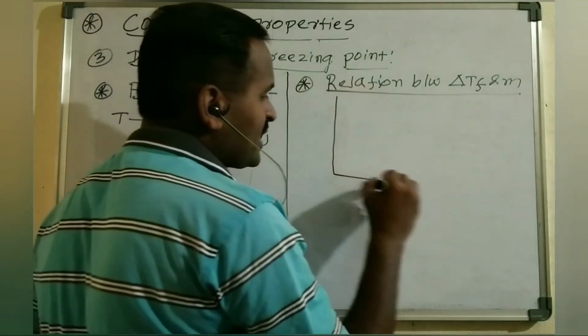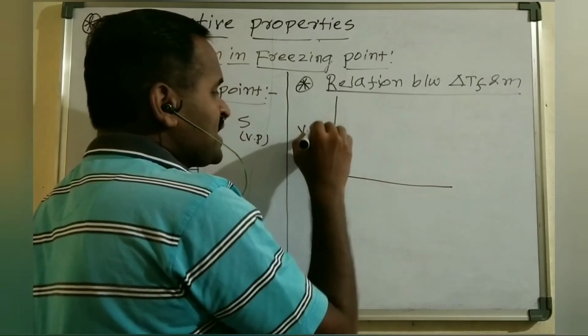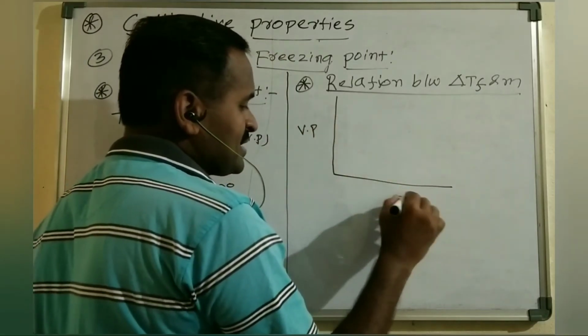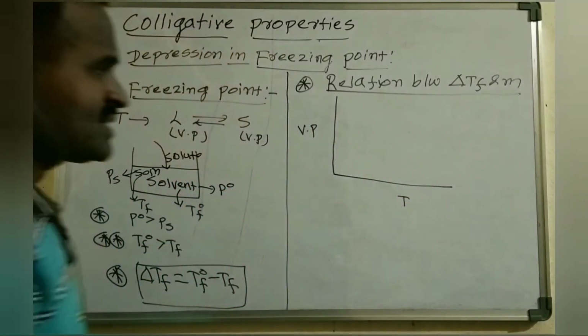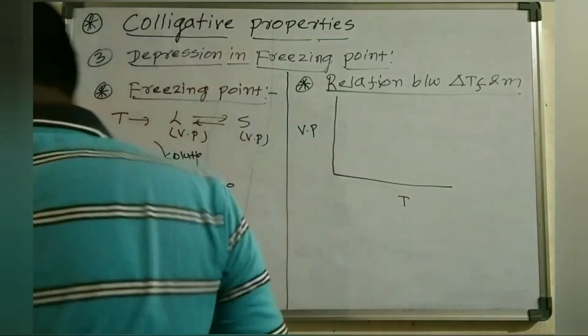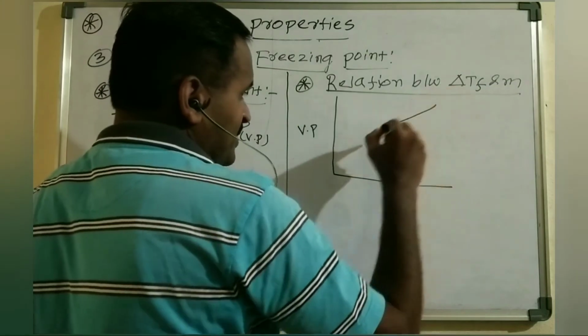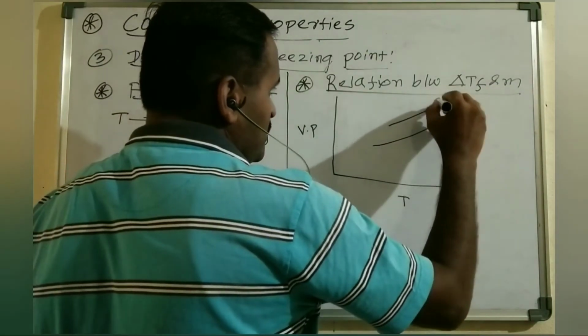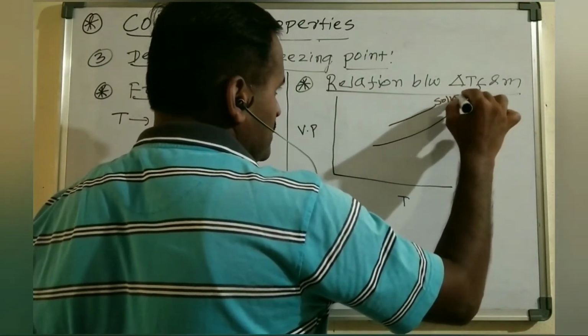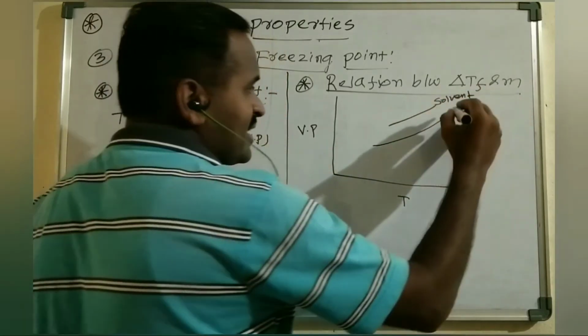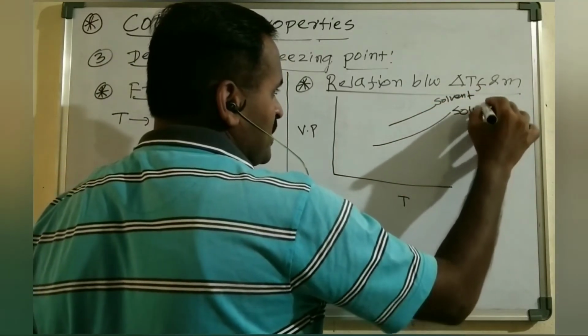For this you need to plot a graph. Vapor pressure is taken on the y-axis and the freezing points are taken on the x-axis. Then you will get this solvent vapor pressure curve, the solvent curve, and this one is the solution curve.